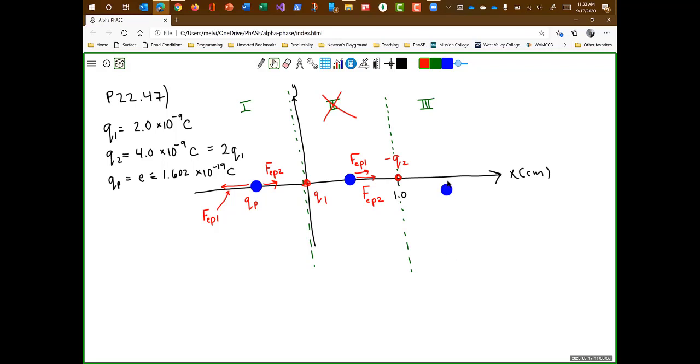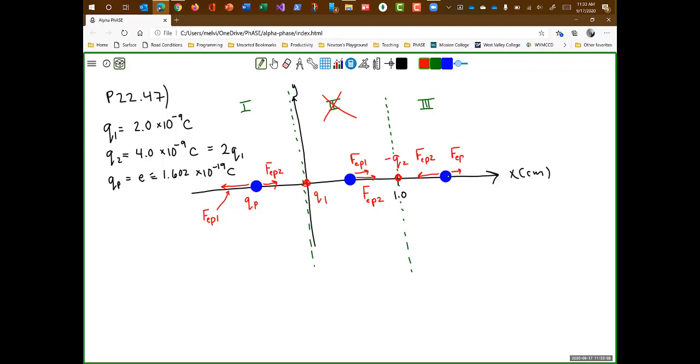Now let's look at region 3. So in region 3, if our proton were in region 3, the charge Q2 is still attractive. So this will be the electric force on the proton from charge 2, and charge 1 will still be repulsive.